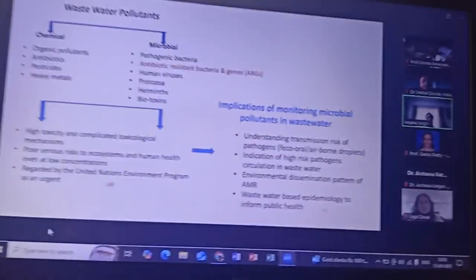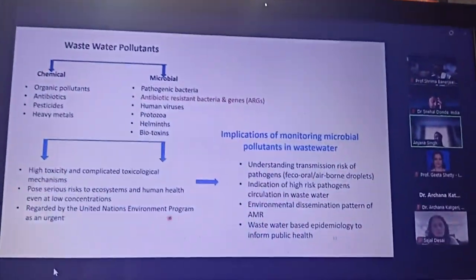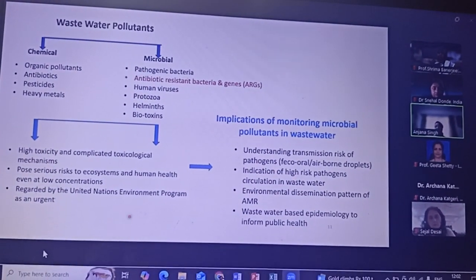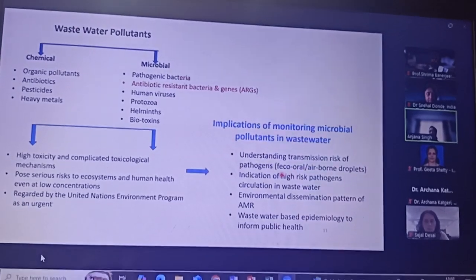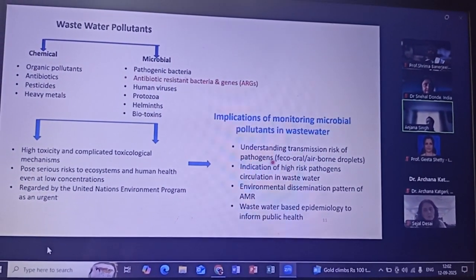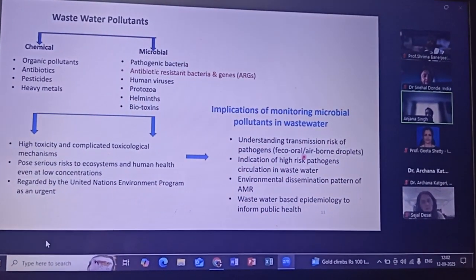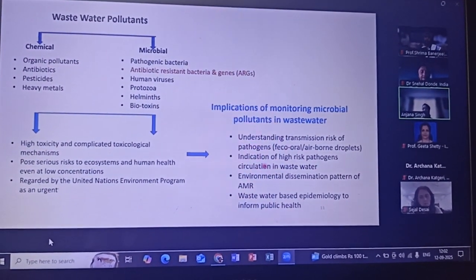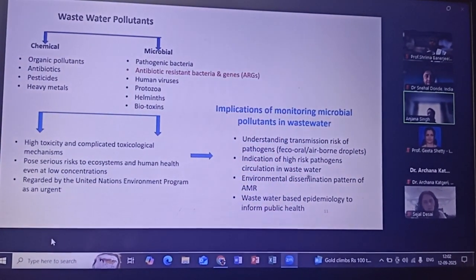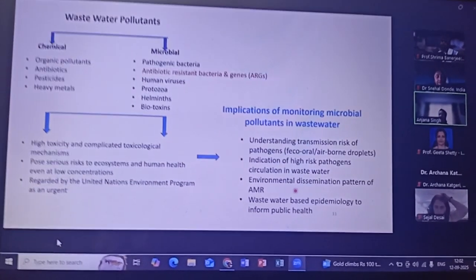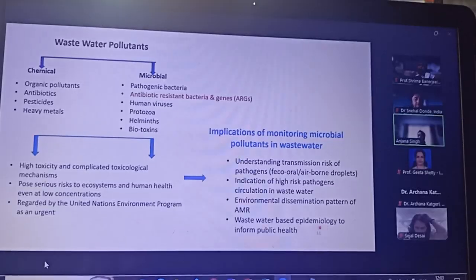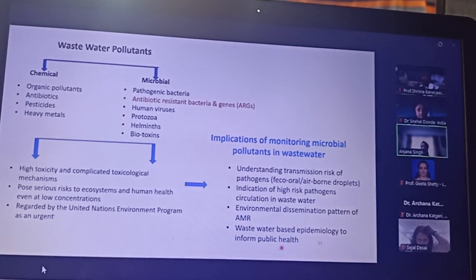This is also regarded by the United Nations Environment Programme as an urgent matter. So it is really necessary to understand the transmission risk of pathogens, that is fecal-oral or airborne droplets, and there should be a study of indications of high-risk pathogens circulating in wastewater, the environmental dissemination pattern of AMR, and wastewater-based epidemiology to inform public health.